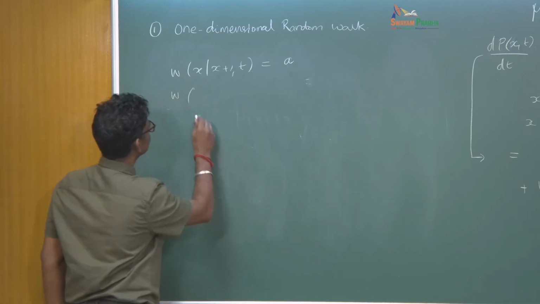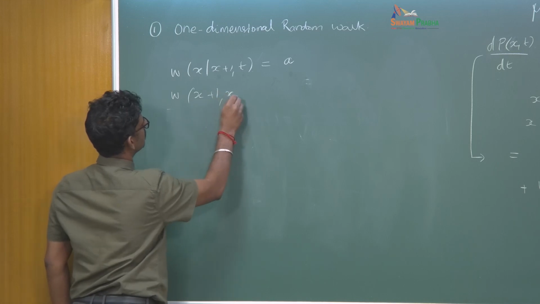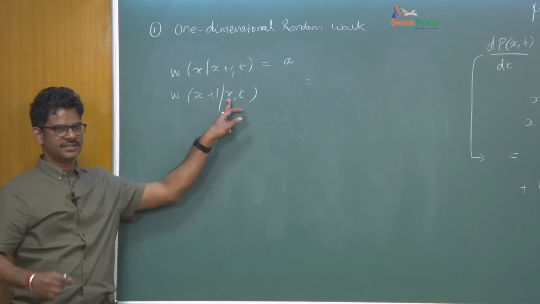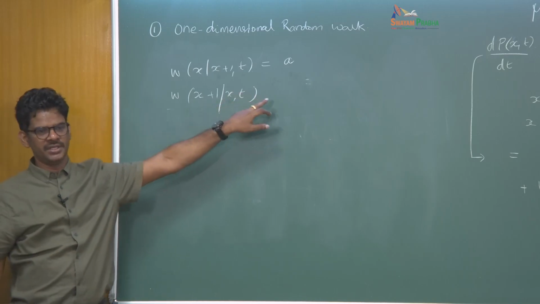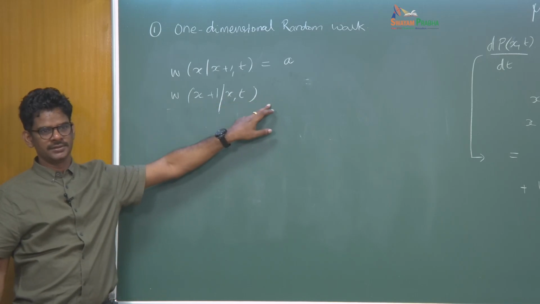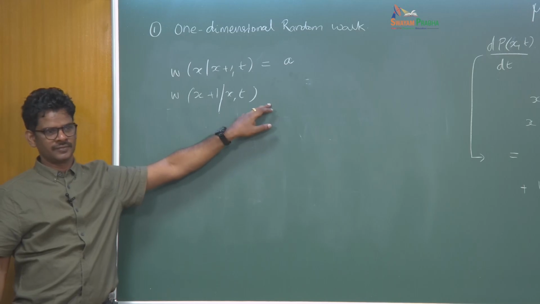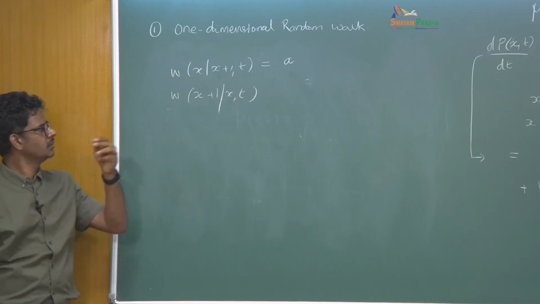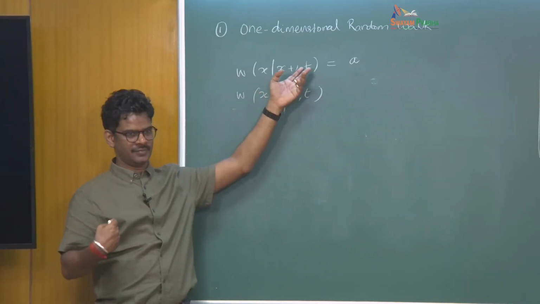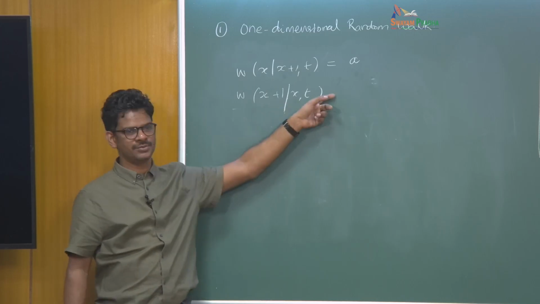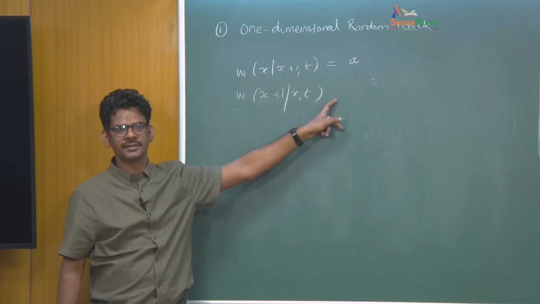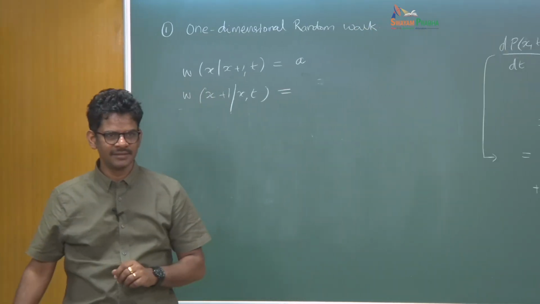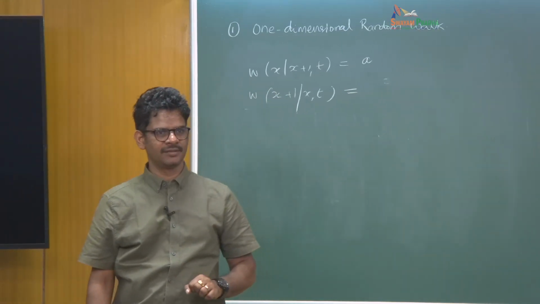The second one: at time t the position is at x and it is making a forward jump. What would this be? This is like jumping backwards, this is jumping forward. So what would this be? 1 minus a?